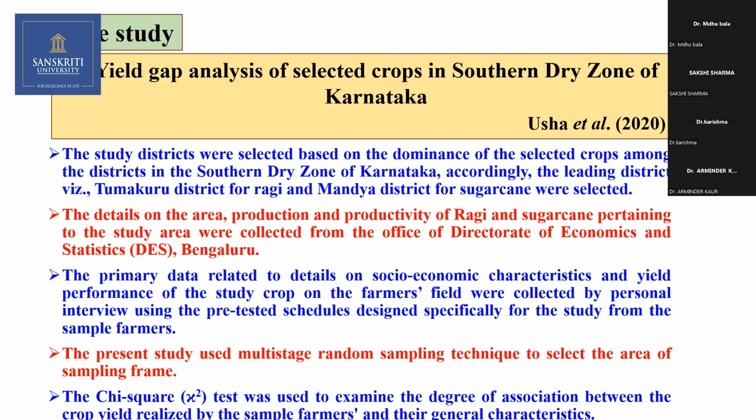She collected data of the weather, area, production and productivity from the Directorate of Economics. I think even you have that directorate in UP, so you get the secondary data, but she has used primary data also to study the socio-economic characteristics. The present study used multi-stage random sampling, that is not 1 stage, 2 stage or 3 stage, we call it multi-stage, and chi-square was used.